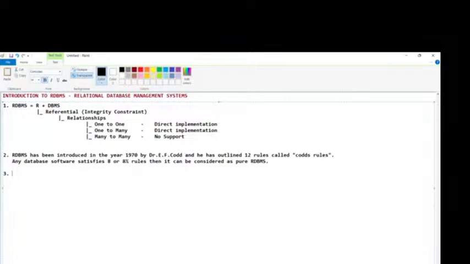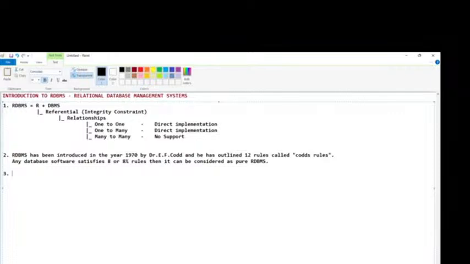Like I just said referential integrity constraint is for relationships, but I haven't demonstrated how to create relationships between tables. I also mentioned Codd's rules, but I didn't discuss even a single rule. Not at this stage, because to understand Codd's rules you should have complete knowledge of database and RDBMS. Then it will be easy for you to compare and learn those 12 Codd's rules.